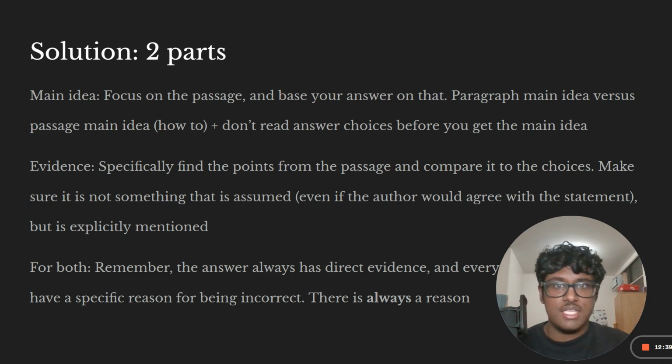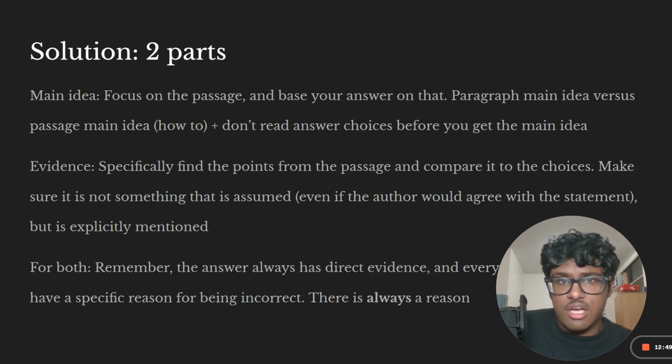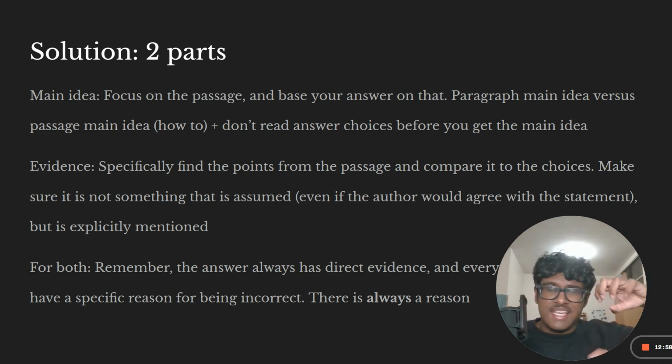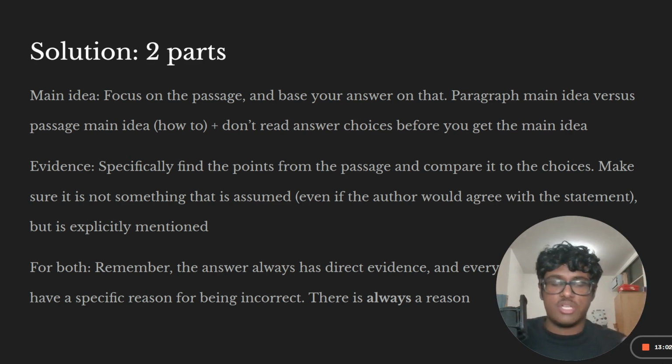The SAT will have you infer that the shop is busy, but it's a very clear inference. The SAT will not make you infer that the shop is making a lot of money, even though you could say that. Just the fact that it's busy doesn't mean that it's necessarily making a lot of money. So that's the difference between a clear inference and a more abstract inference, right? There's always going to be an explicit reason.